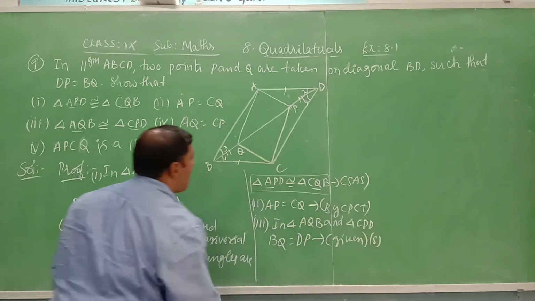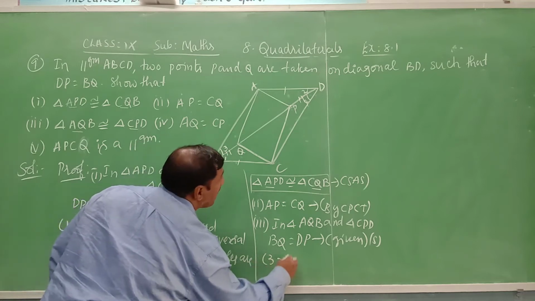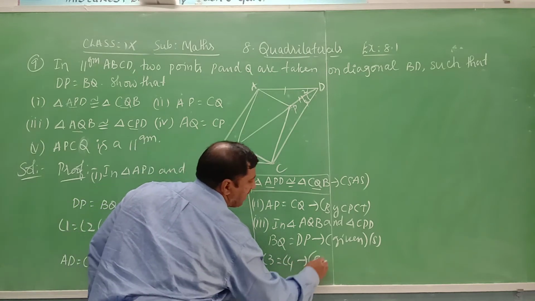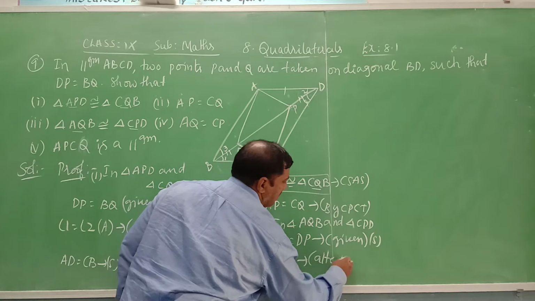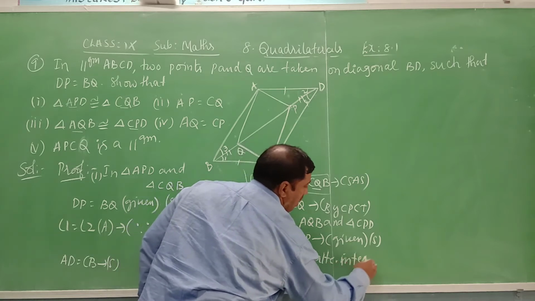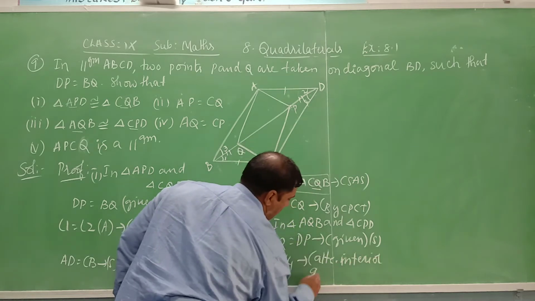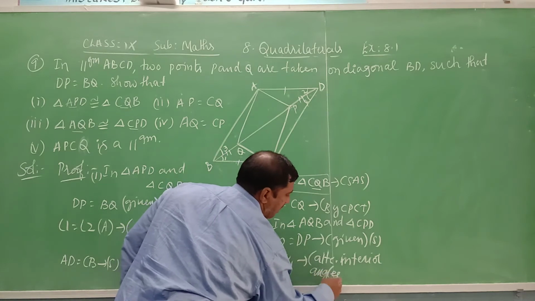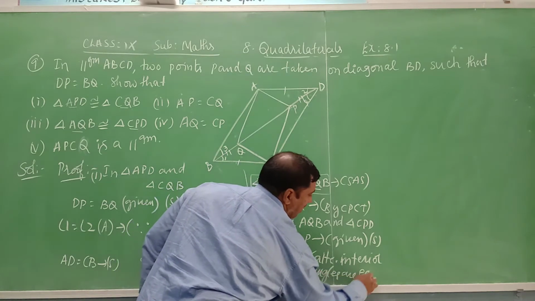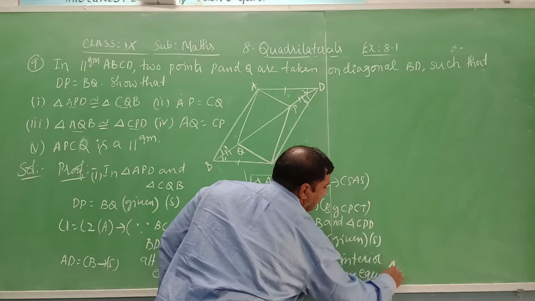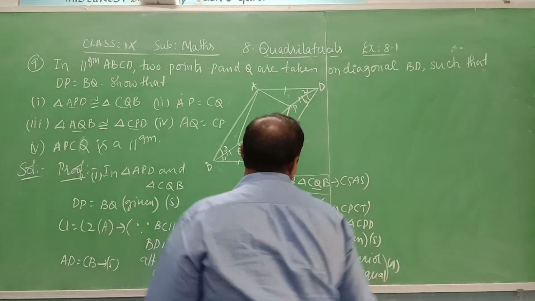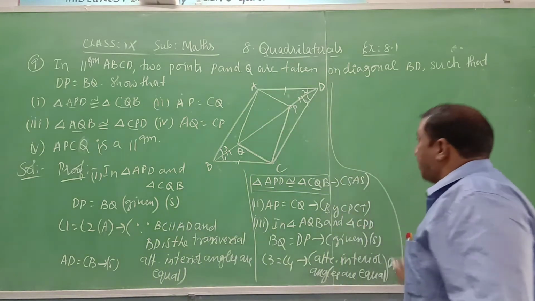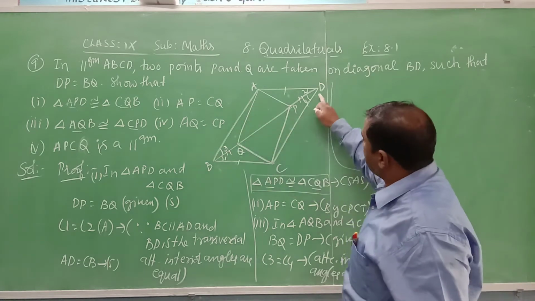Side, and angle 3 is equal to angle 4, alternate interior angles are equal. Now, what about the side AB and the side CD?